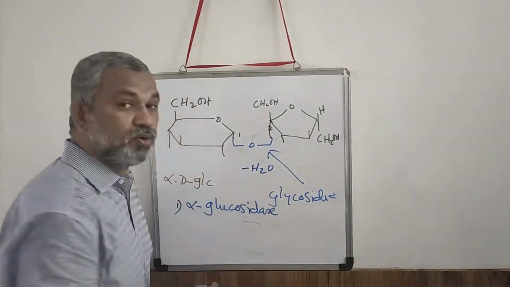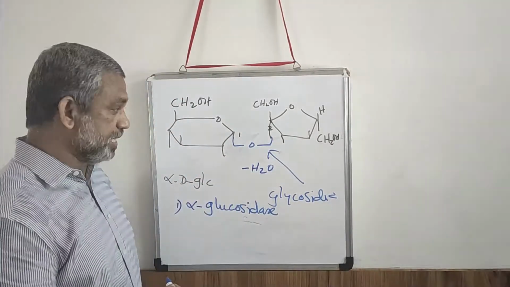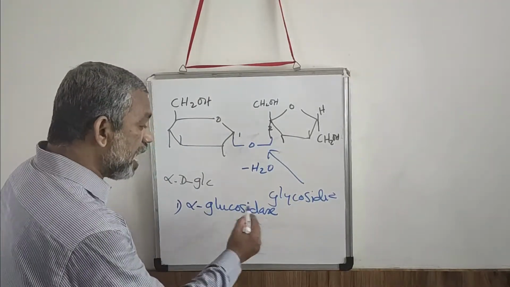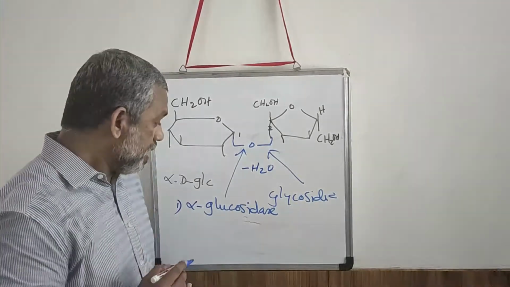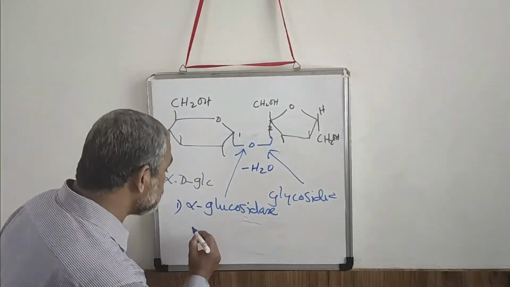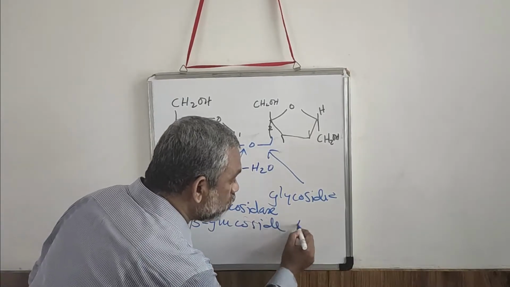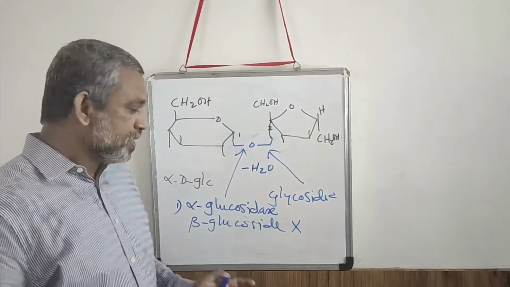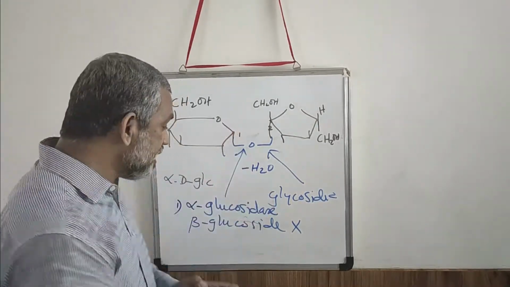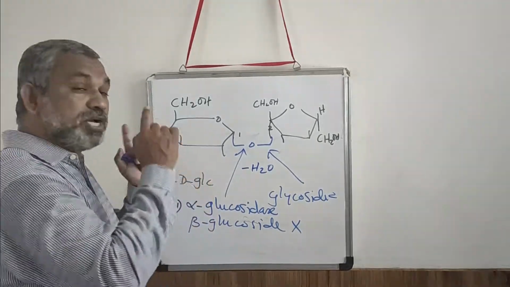You know that glucosidase cleaves glycosidic linkages. Alpha glucosidase is able to cleave this. They also experimented with beta glucosidase, but beta glucosidase was not able to cleave this one. So it was one indication that it is the alpha conformation of sugar which exists.